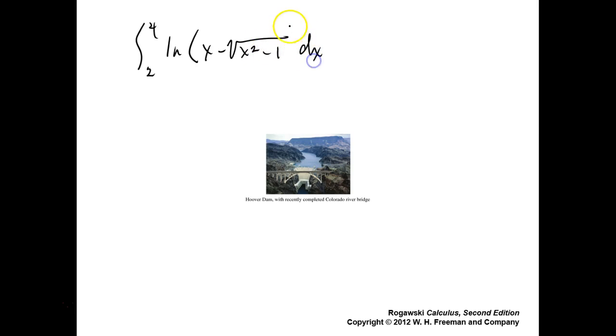Let me get my black pen up. The first question, sorry, is this one. The integral from 2 to 4 of the log of x minus the square root of x squared minus 1 dx.